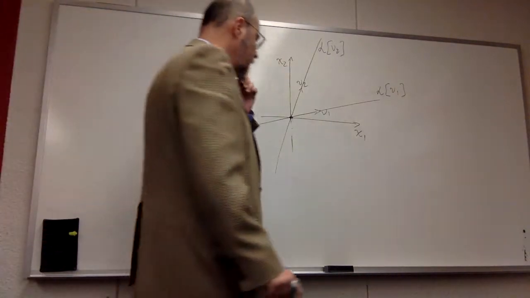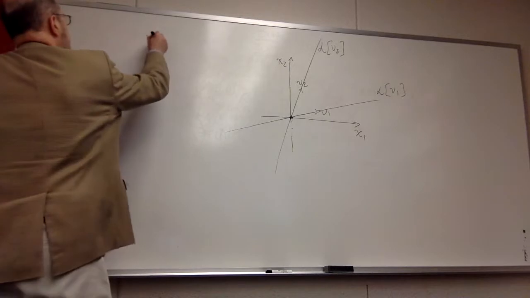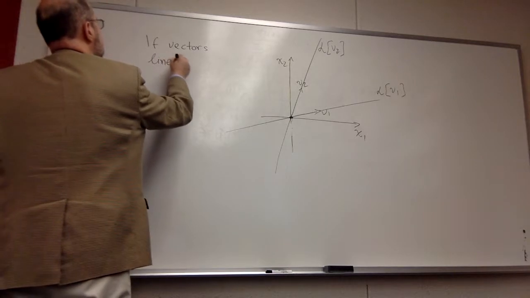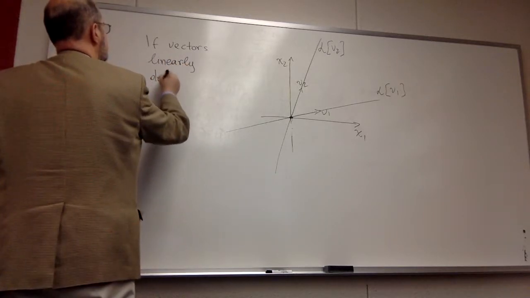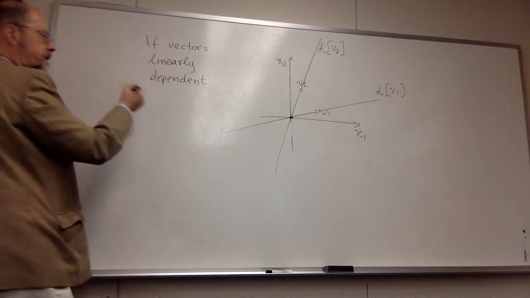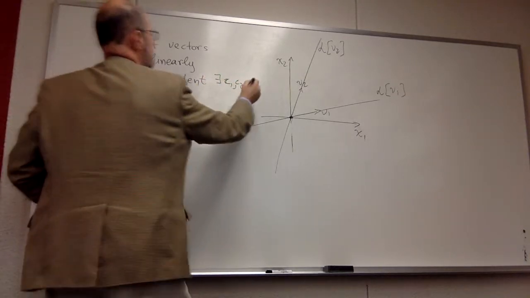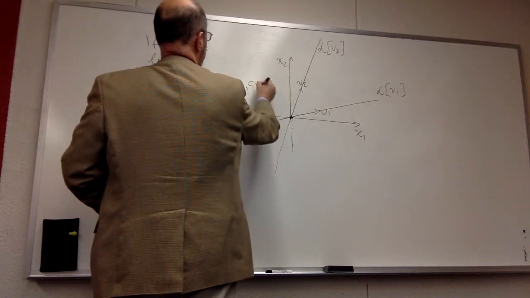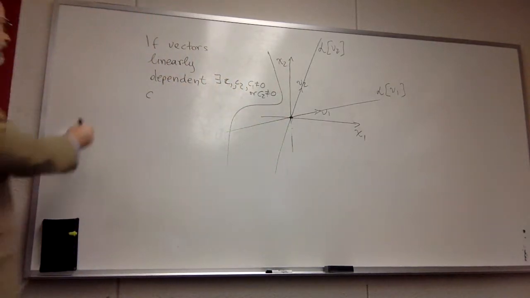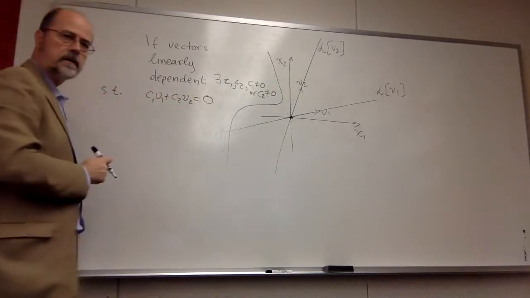Another way to see that is that if the vectors are linearly dependent, what the definition says is there exist C1 and C2 such that C1 is not 0 or C2 is not 0, such that C1V1 plus C2V2 is the zero vector.